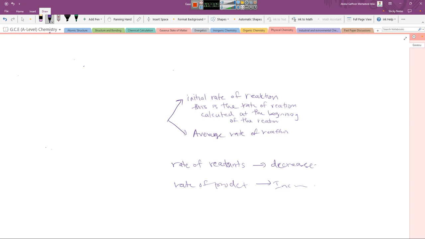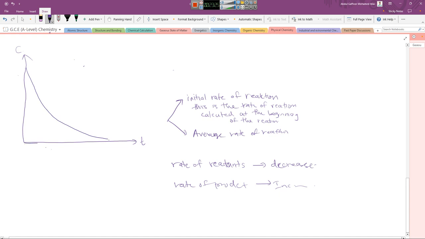So now I draw a graph of concentration over time of the reactant. Within this time interval, let me call this delta T1, and the concentration change is delta C1. Using a different color, I measure the concentration within this time interval delta T2, and this change of concentration is delta C2.